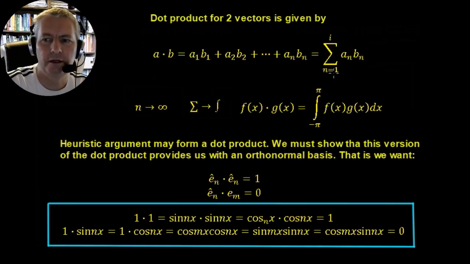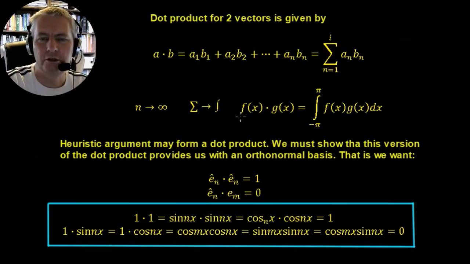Now if we were to let n tend off to infinity, then we could say that this summation becomes an integral. And if these two vectors are now defined as functions, and we call the functions f of x and g of x, then we could make the argument that a possible dot product might be f of x dotted with g of x would equal the integral of f of x times g of x dx.